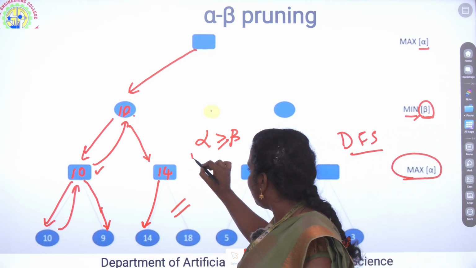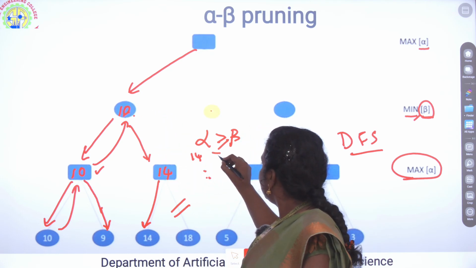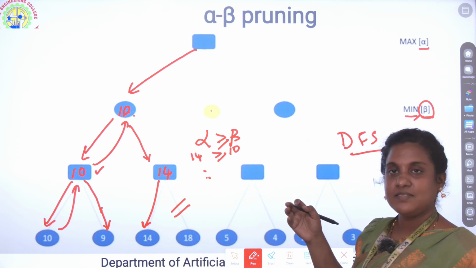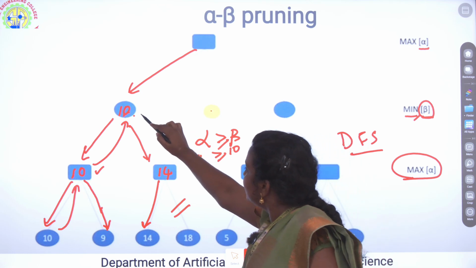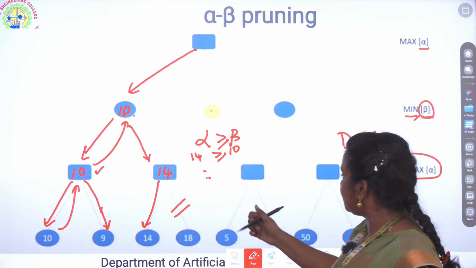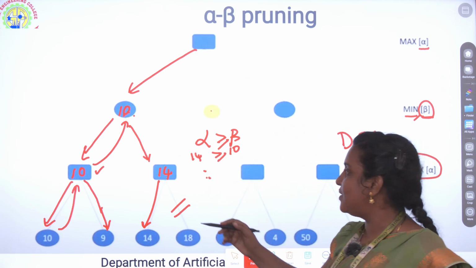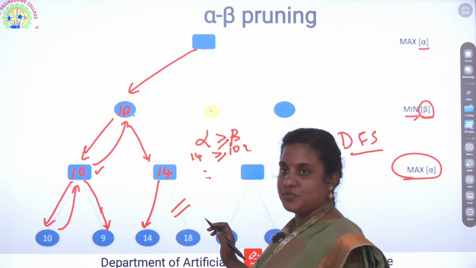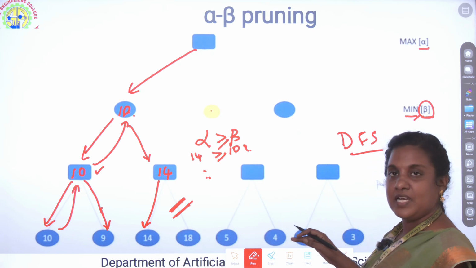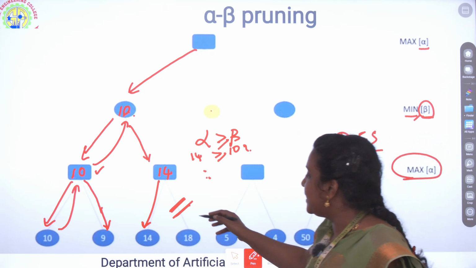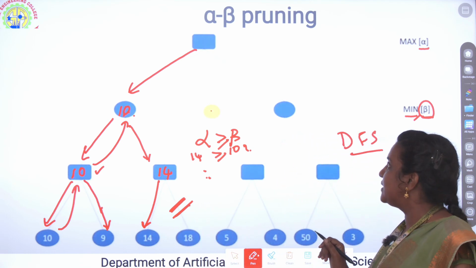Here the alpha value is 14, and beta, compared with its parent node, is 10. So 14 is greater than or equal to 10. Min player always chooses the minimum value, so obviously the condition is true. It won't traverse to the right subtree. It will prune this particular branch. So in this way alpha beta pruning works.